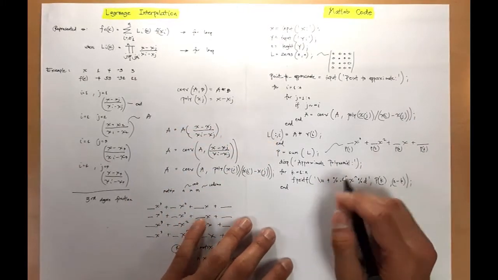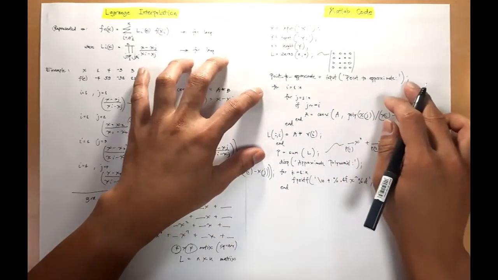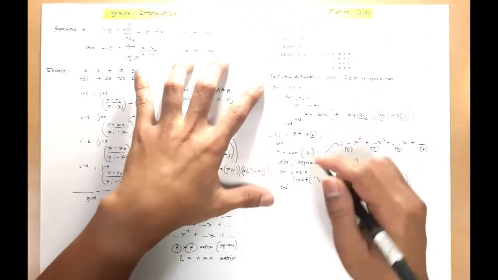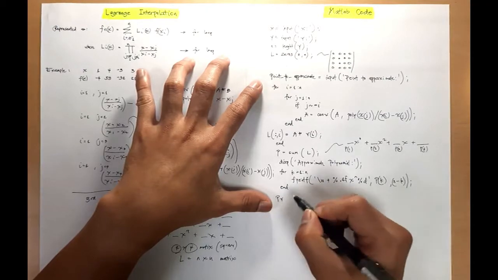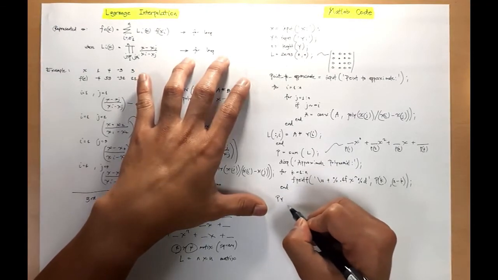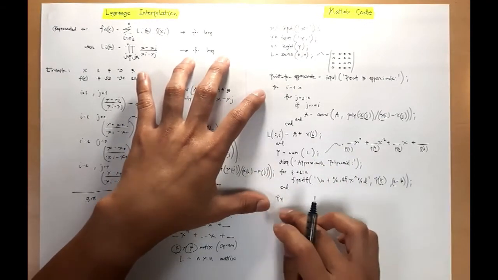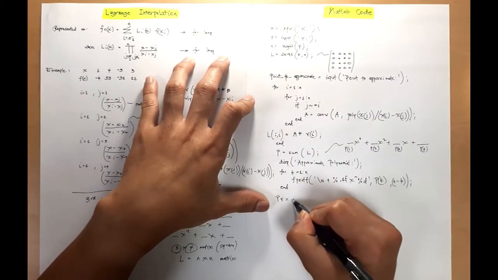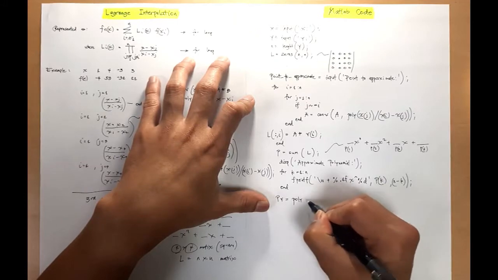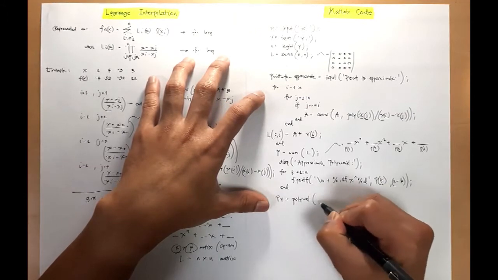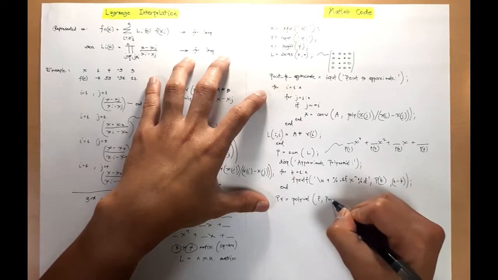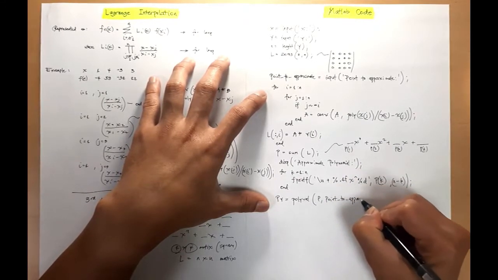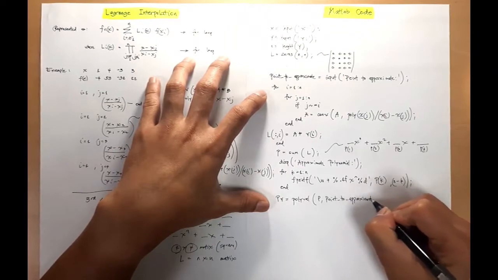Then if the user inputs the point to approximate, say 12, it will store to this variable, and then we can solve for py as the value of y for that particular point to approximate, using the code polyval p, then variable point to approximate.